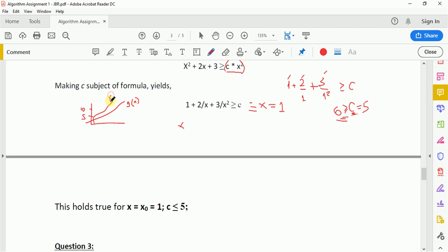And this is the f of x. This is your primary function. Okay? This point is x0 equals 1. This is c less than 5. Equals 5, sorry. Less than 6. Hope this makes some sense.